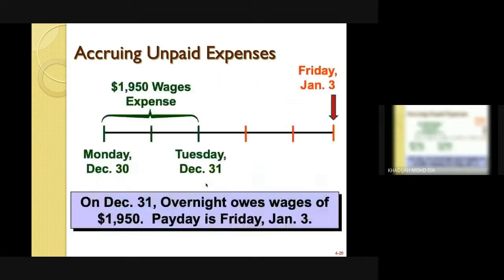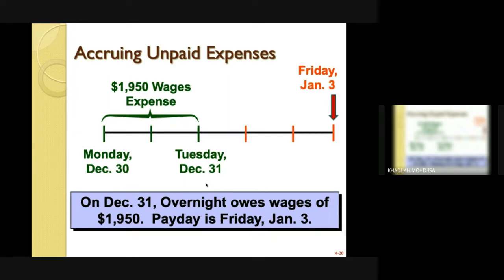So the example here is that on December 31st, Overnight owes wages of 1,950, and payday is Friday, January 3rd. What happened? Overnight owes wages. It means you should have paid the wages to your employees, but as of 31st December, you have not paid them.